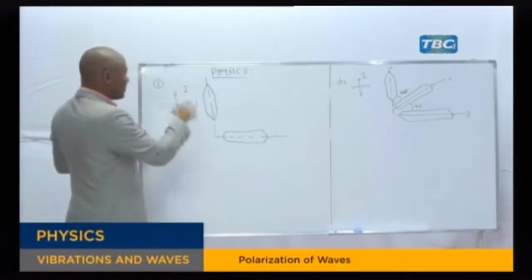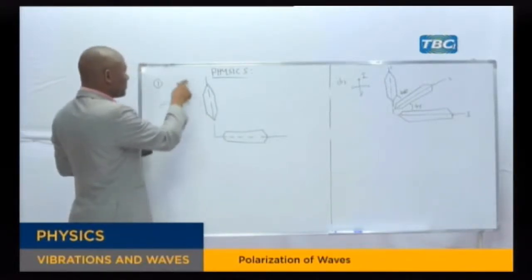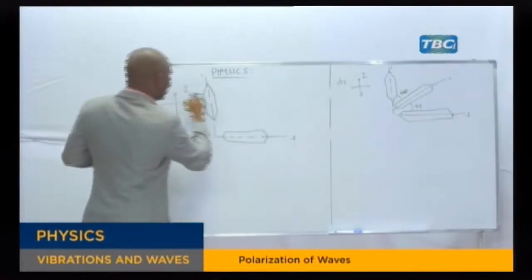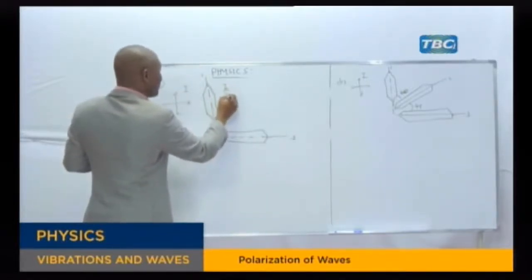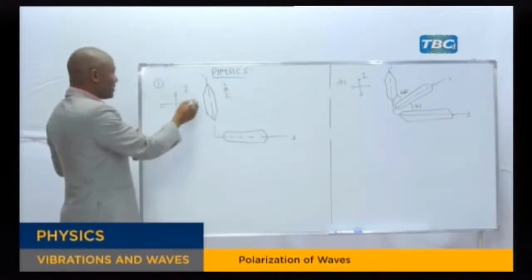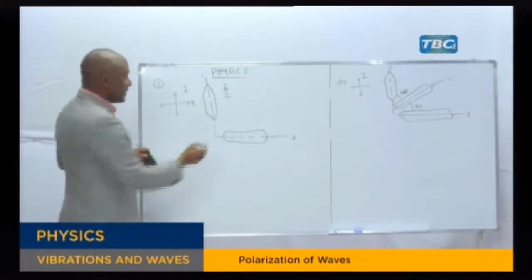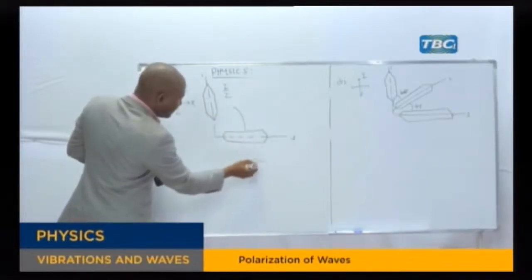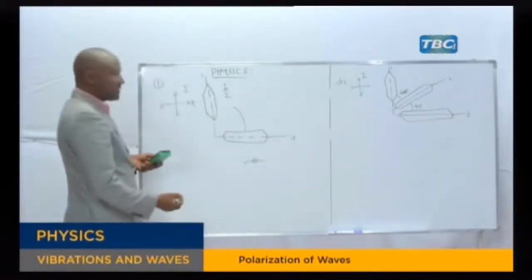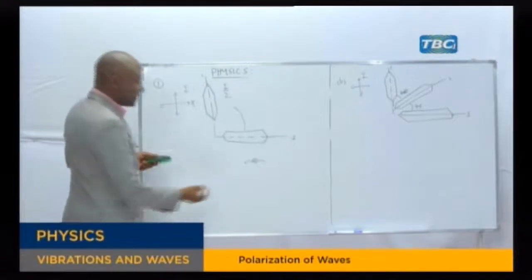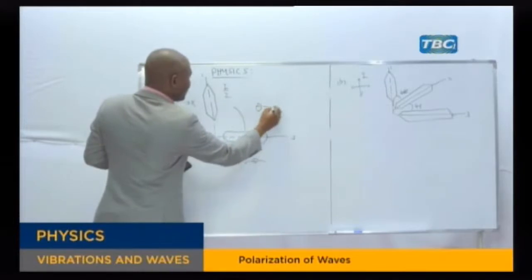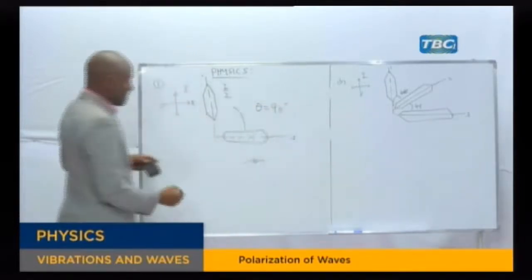It's very easy. Here you're looking for the intensity of light produced when passing through the first and the third. So this will be I over 2, we know. One component will be absorbed. Then from here to the second polaroid, which is now the third, how much will be transmitted? The angle between them is 90, we know.